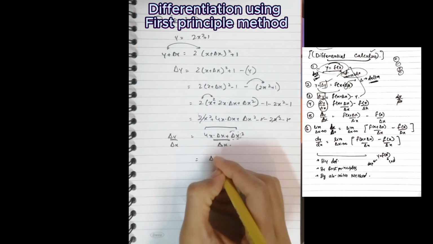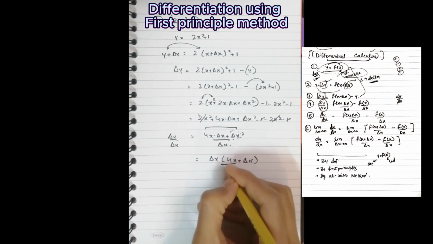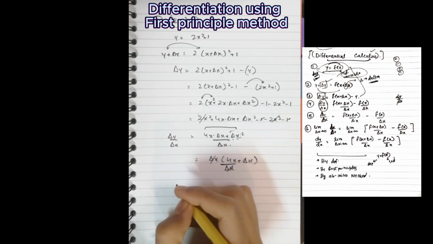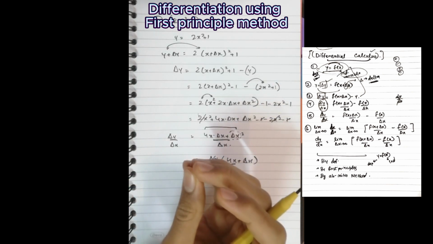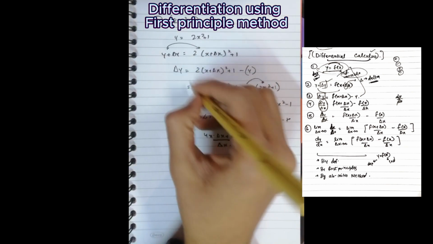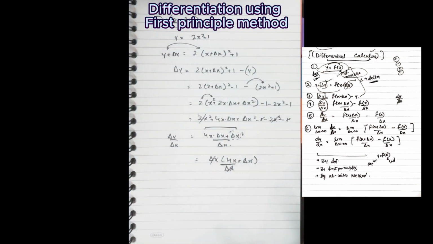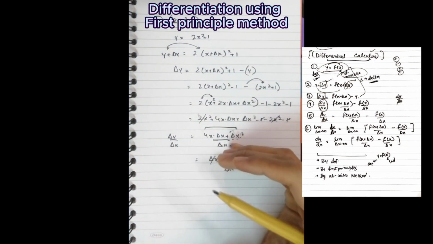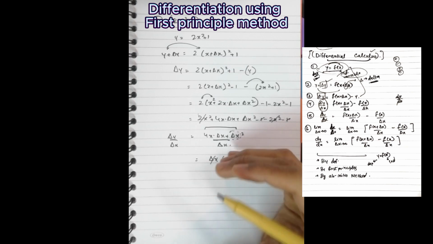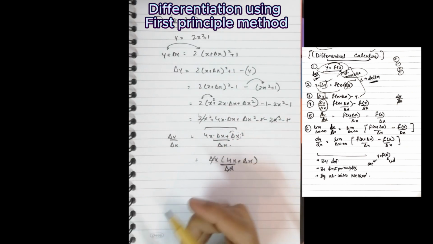See, if I take delta x common, what will happen? 4x plus 2 delta x remains, and now I can simply cancel delta x from both sides. All right, so you have to simplify. Now the question arises, if you are simplifying this function in the fourth step, up till where you have to simplify it. So this is the point that you have to simplify it until you reach a point where you can take out delta x as common from both values.